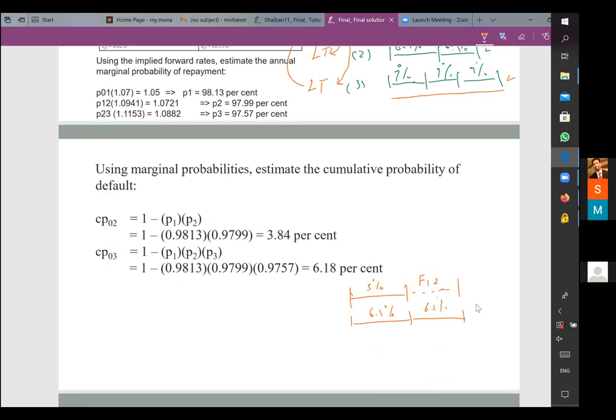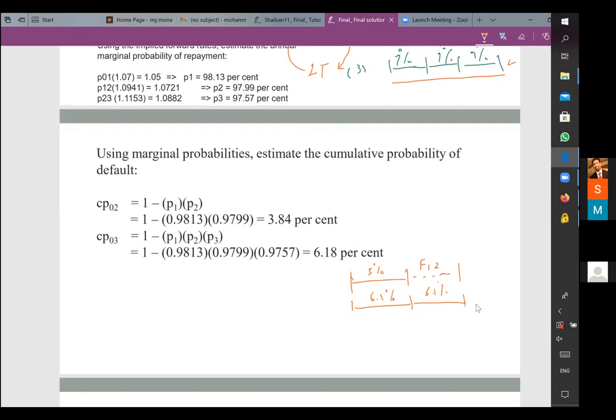Then I can make this equality, which is 1 plus 6.1%, which equals this and this, which is 1 plus 5%, and then times the forward for year 2.